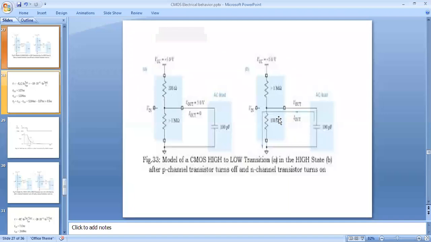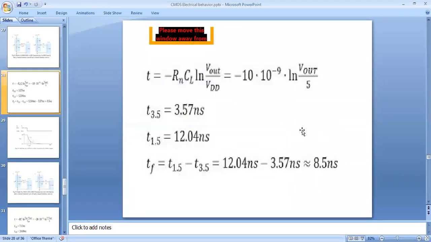Rn is nothing but the n channel resistance. Take Rn as 100 ohms and CL as 100 picofarads. VDD we already know is 5 volts.